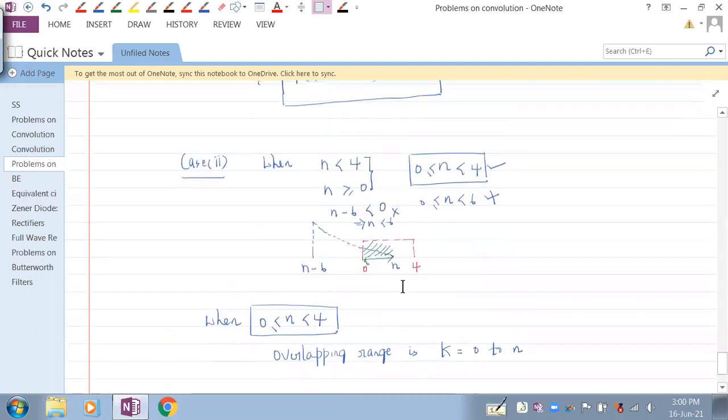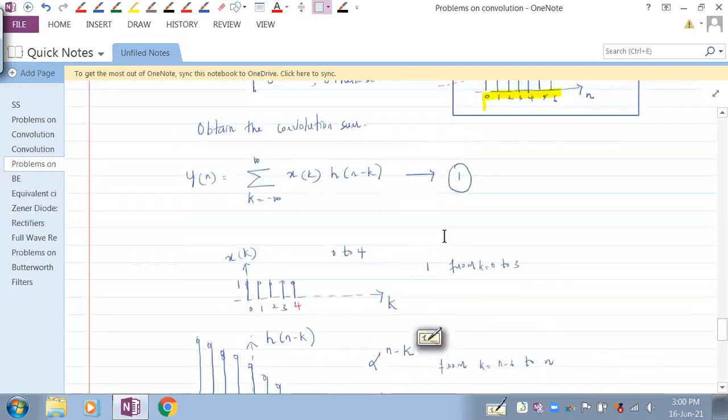Equation number 1 can also be written in a more detailed form. This can be written as summation k ranging from minus infinity to infinity of u of k minus u of k minus 5. I first said 4 or 3, but this will be 5 rather.